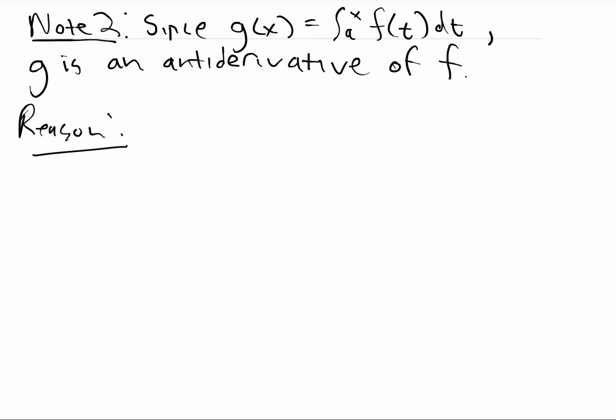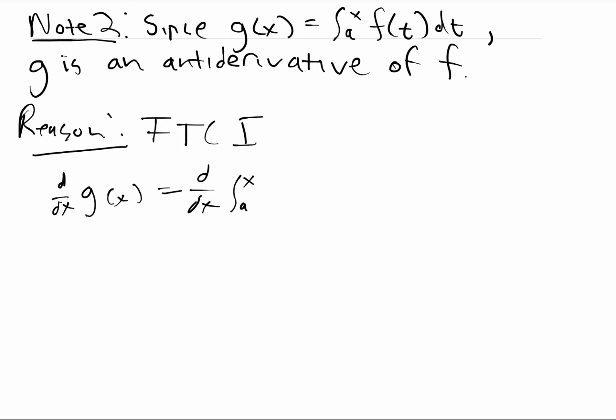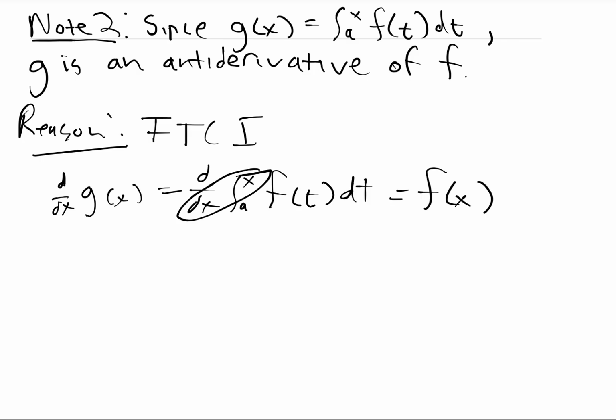Again, I want to think about FTC II. If I take a derivative of g, this is the same as me taking a derivative of this definite integral. And this is that case that we mentioned before, that you just get to plug x into your function. You get f back.